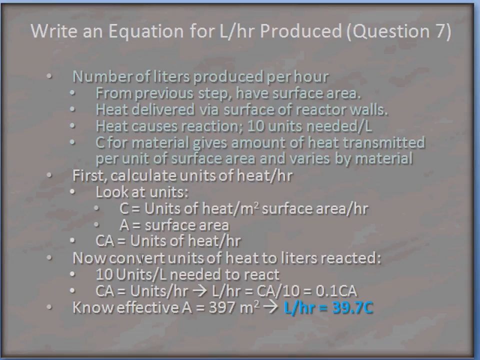We can then convert this into liters reacted because we know that 10 units of heat per liter are needed to react. So 0.1 CA gives us the number of liters produced per hour. Plugging in our effective surface area of 397 square meters gives us a liter per hour production of 39.7 C.